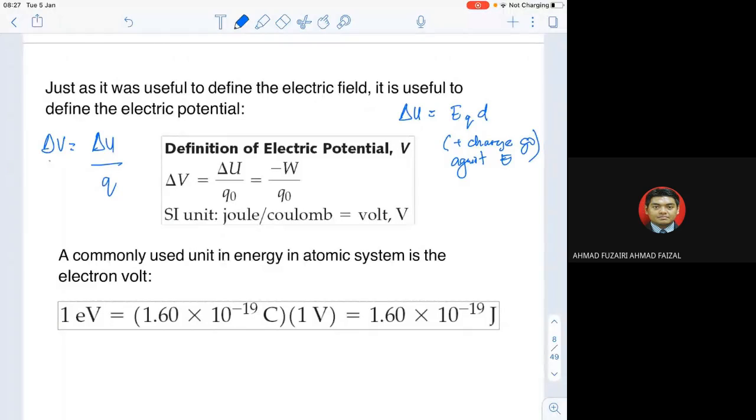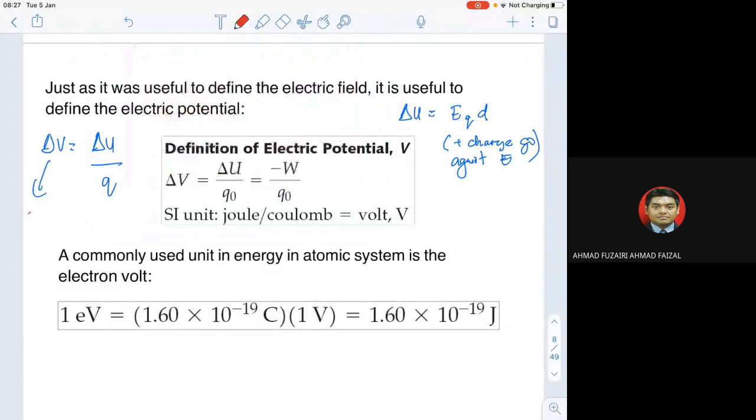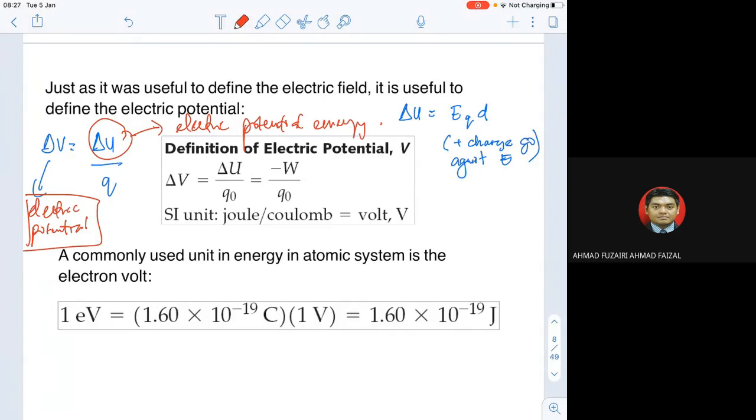So this is electric potential. Remember, the word is electric potential, and this part is electric potential energy. Different thing because it contains energy.